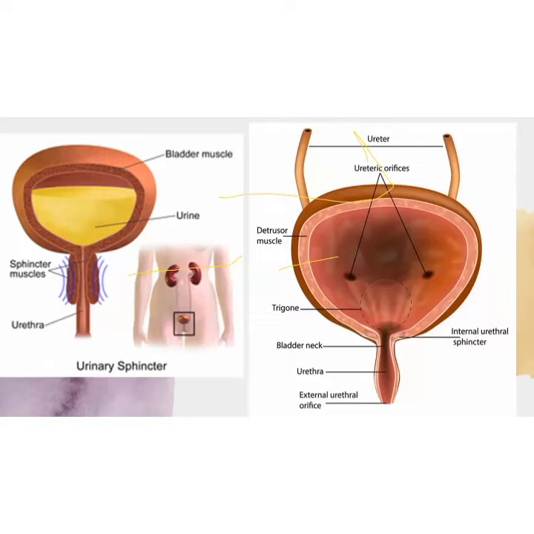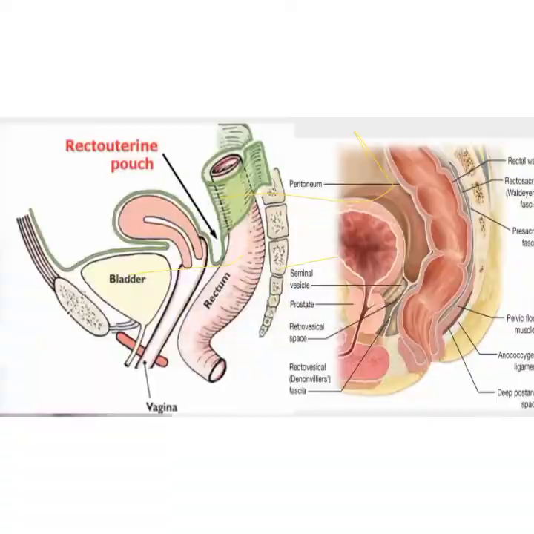So we have these two differences. Neck of the urinary bladder: in infants it is at a higher level, at the superior border of the pubic symphysis. Whereas in adults, the position of the neck of the urinary bladder is still lower, at the lower border of the pubic symphysis.